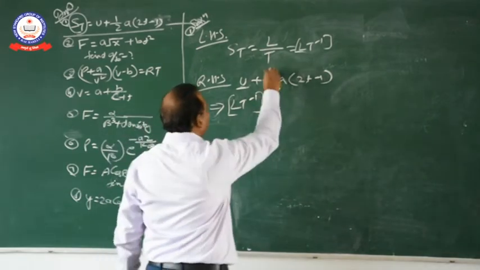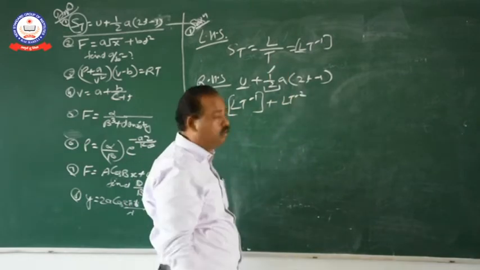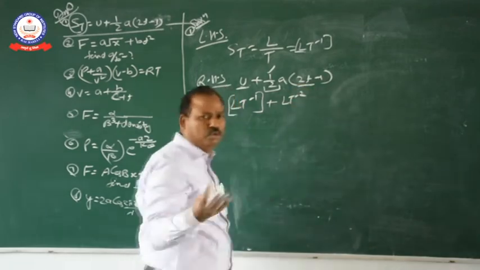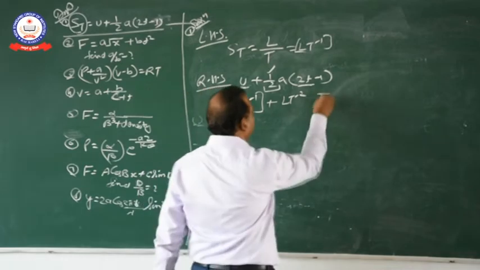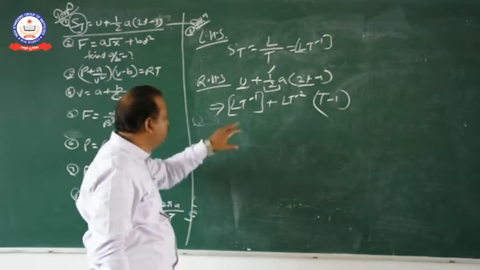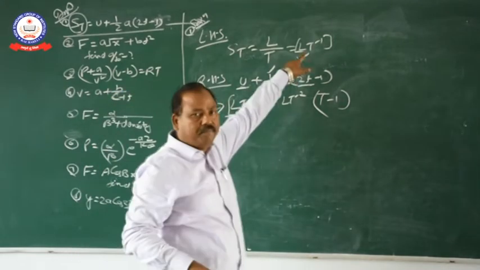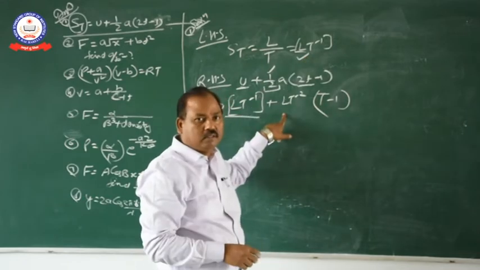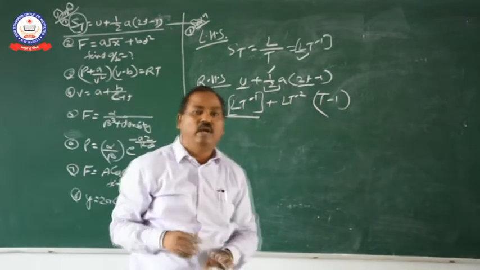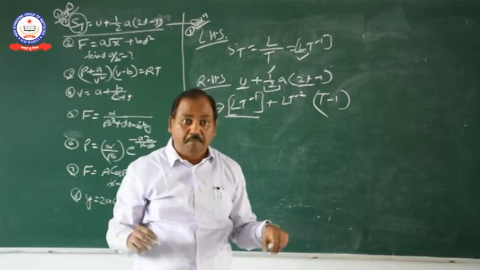So eliminate this; a is LT raised to power minus 2, and generally we write 2t, no concern, t minus 1. Here this part is also the same, but this is different, correct? It shows that the given formula is incorrect.